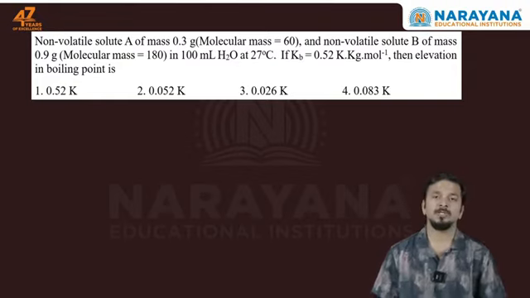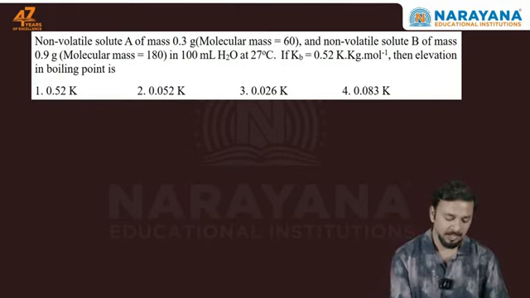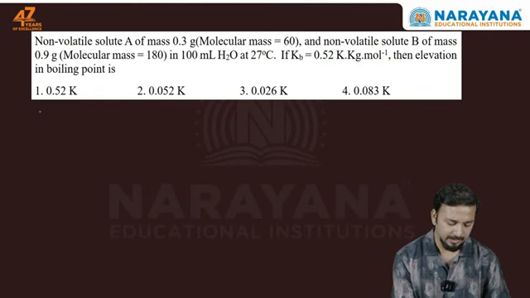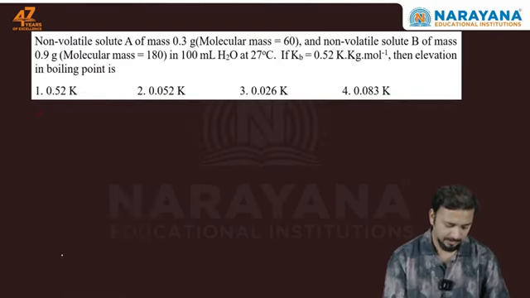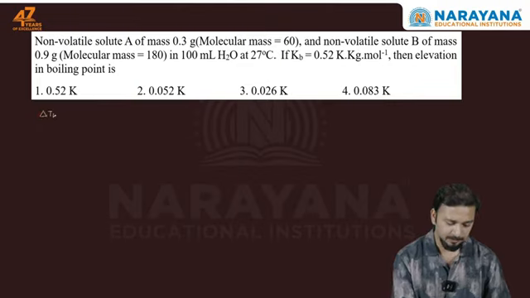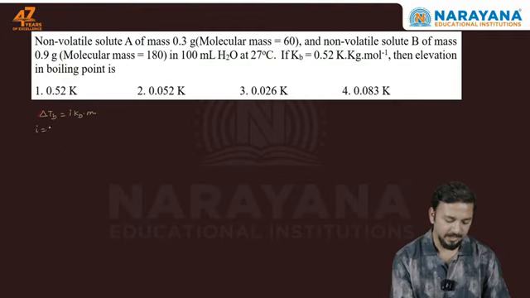This question is from elevation in boiling point from the chapter solutions, and we know the formula that delta Tb is equal to i into Kb into m. If they have not given anything about the solute, we take i to be 1. Kb given is 0.52 Kelvin kg per mole.